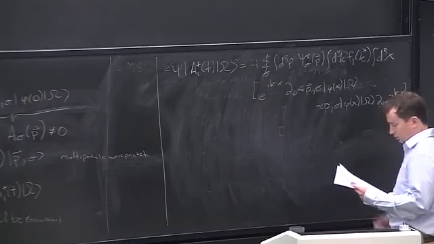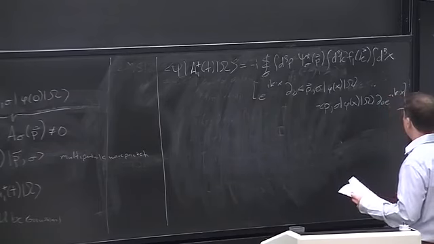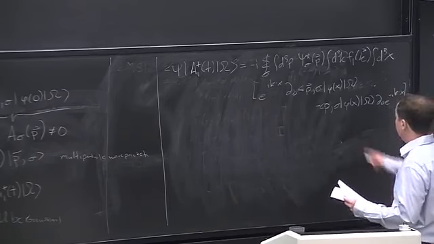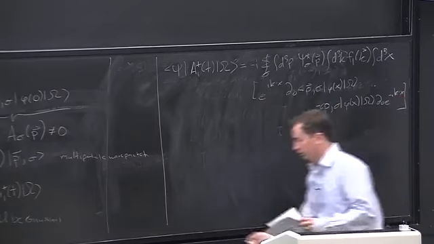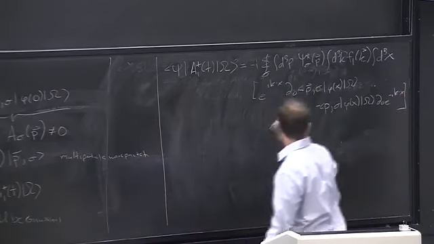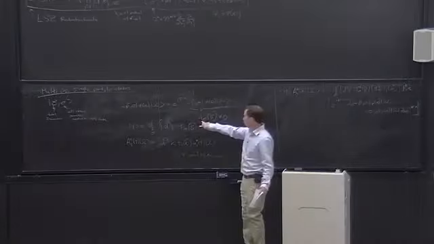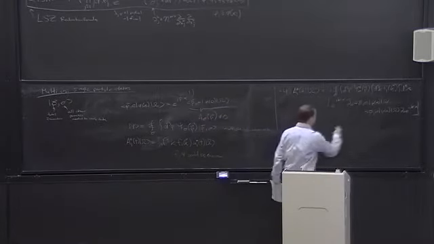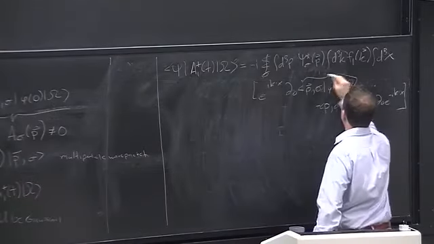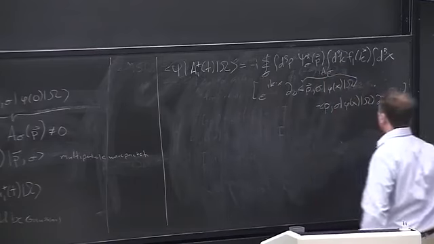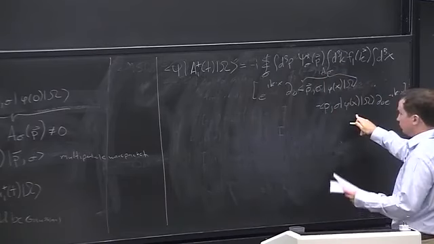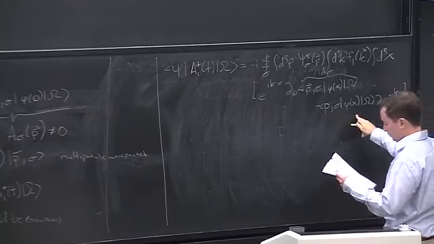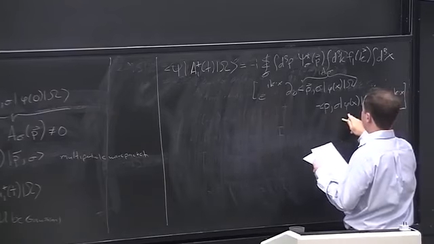Okay, so that's a rather long expression. So what do we notice? We notice here that this factor A sigma shows up. So that's what we have here, and that's also what we have here. This is also A sigma.